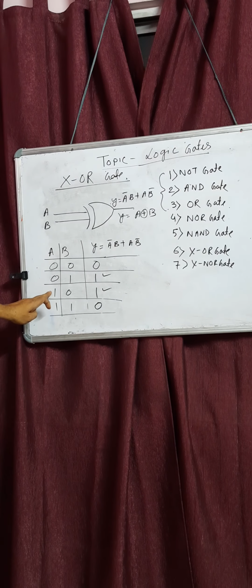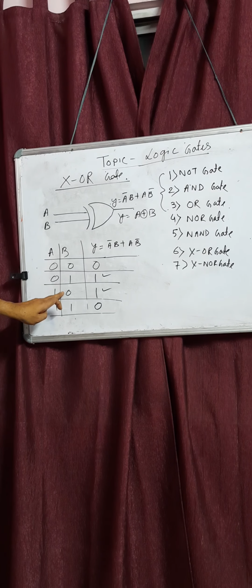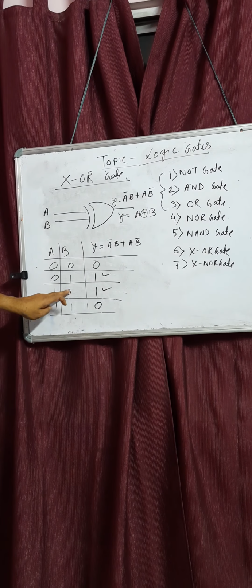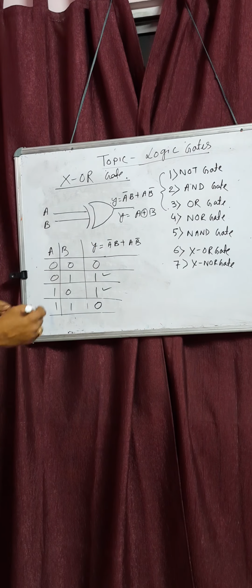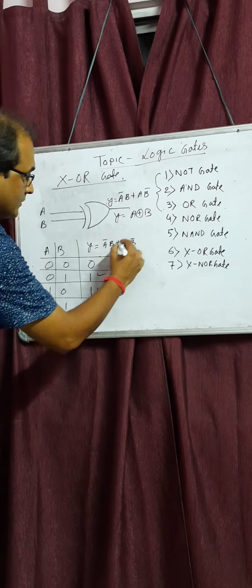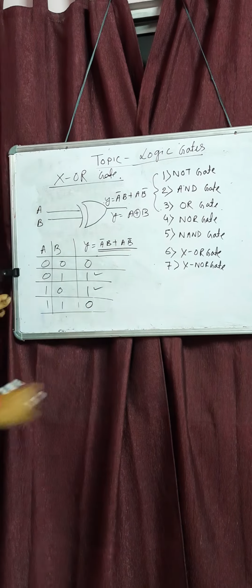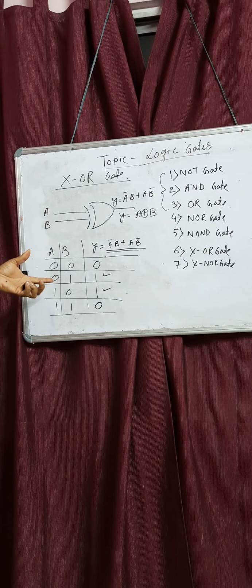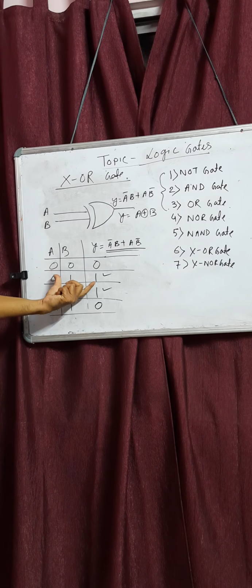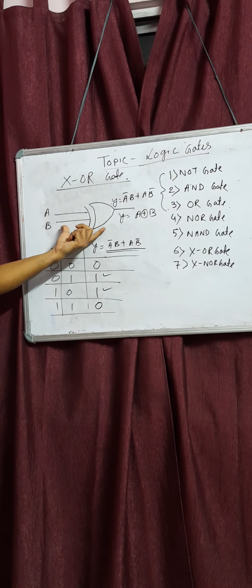Here A is equal to 1 and B is 0, and the complement is B bar, that's why AB bar. So from these two outputs we are getting this expression. So these are the truth table and the symbol of your XOR gate.